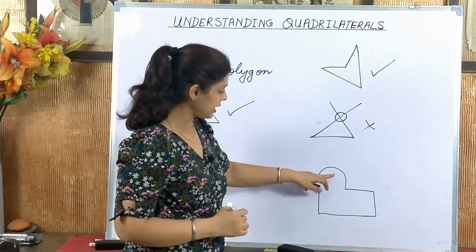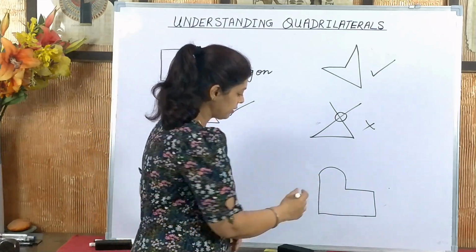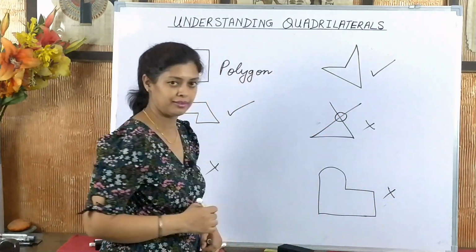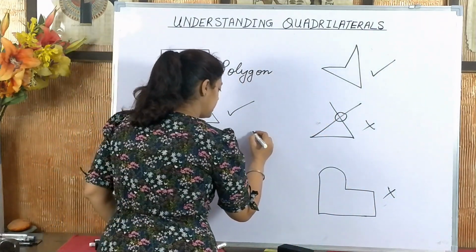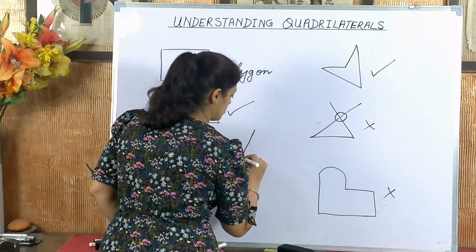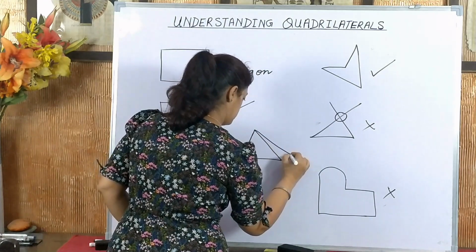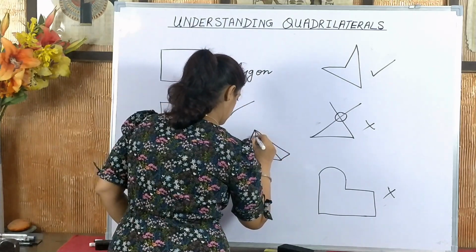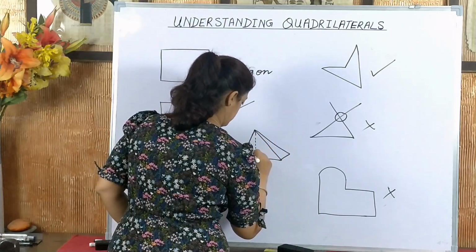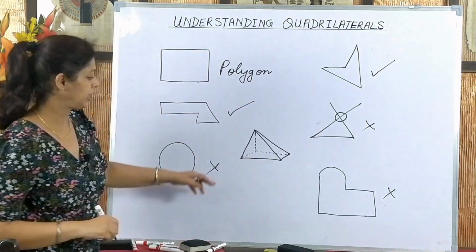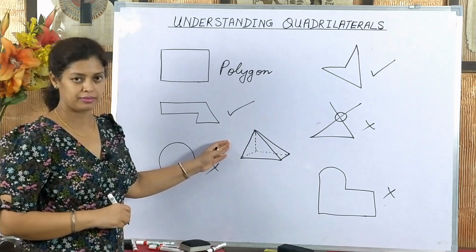In this case, again it is a closed 2D shape, but the curved part over here disqualifies it from being a polygon. Now if I draw this, can you tell me whether this is a polygon?